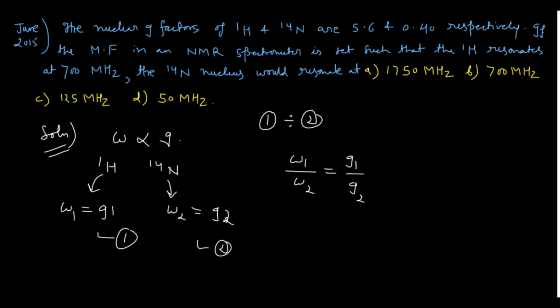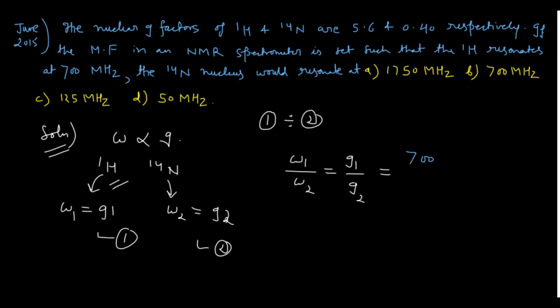Omega 1 means hydrogen, and the hydrogen resonating frequency is given here. If the magnetic field of the NMR spectrometer is such that the proton resonates at 700 megahertz, then omega is given, so you can straightforwardly write 700 here.